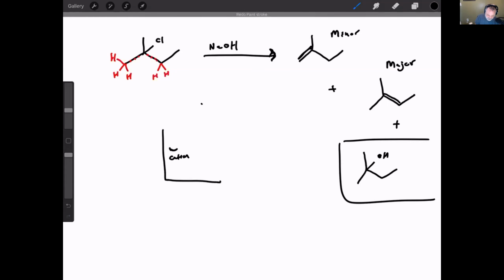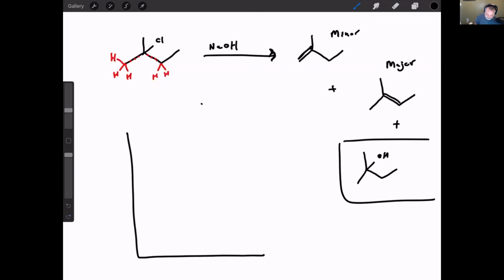Actually, let's draw the whole reaction coordinate. I'm not forming a different cation. In this case, this is the cation that I'm forming. This cation leads to both products.